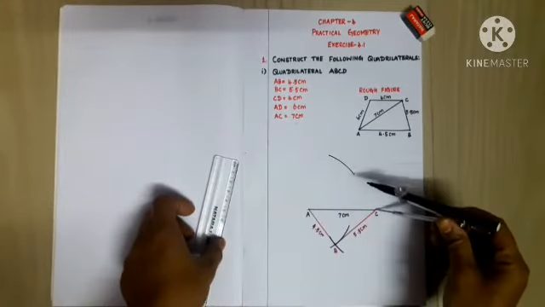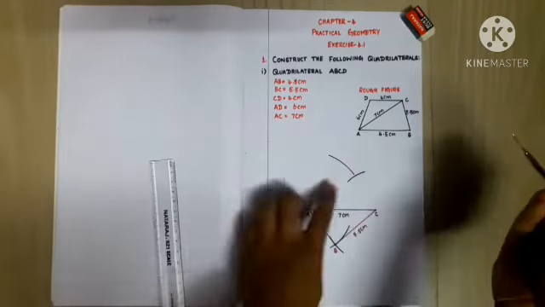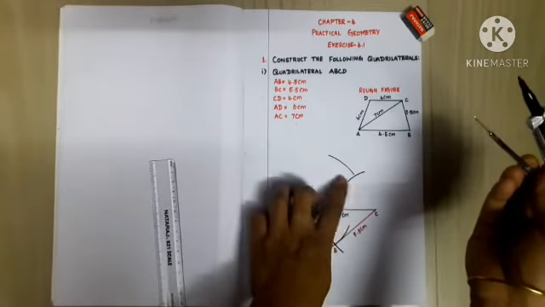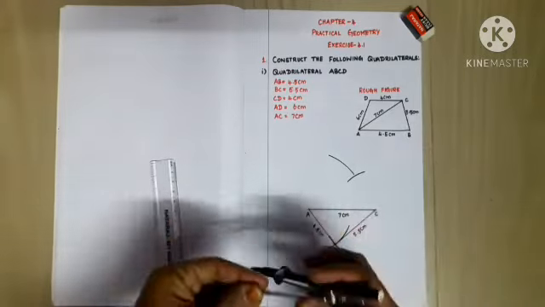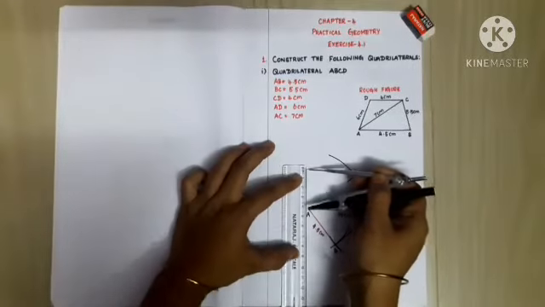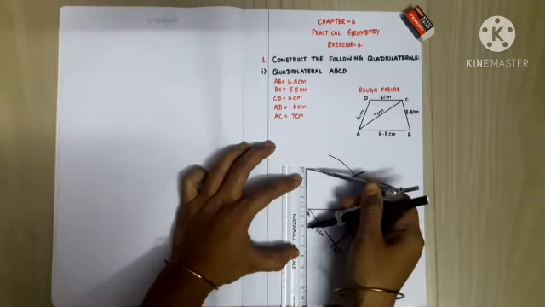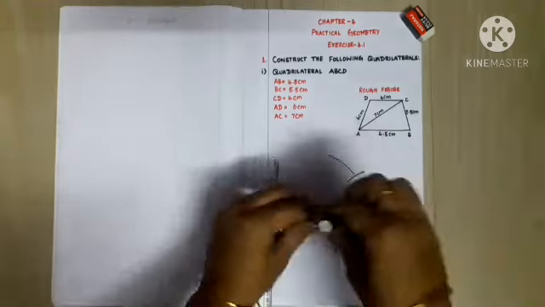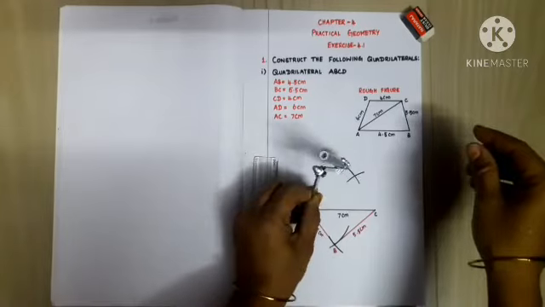Now fix the needle at C and draw another arc. See, here the arcs don't cut each other, so I have to extend this arc. For AD as 6 centimeter, you just extend that arc so that they cut each other, so keep the needle at A and draw the arc.